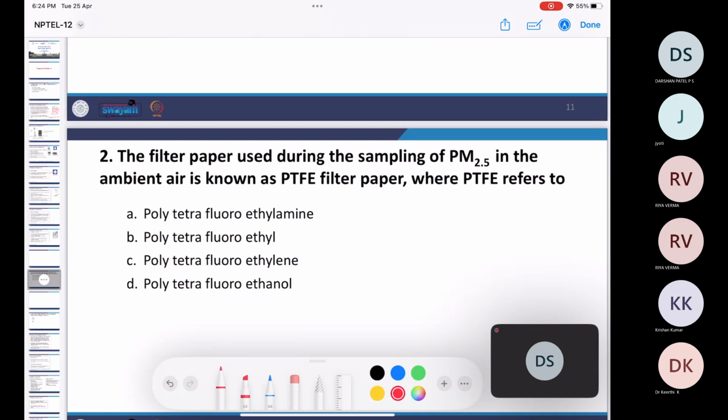Anyone? Jyoti, Krishna is saying B and Jyoti is saying C. Okay, Krishna is also saying C. Polytetrafluoroethylene. Yes, this is the full form of your PTFE filter paper.